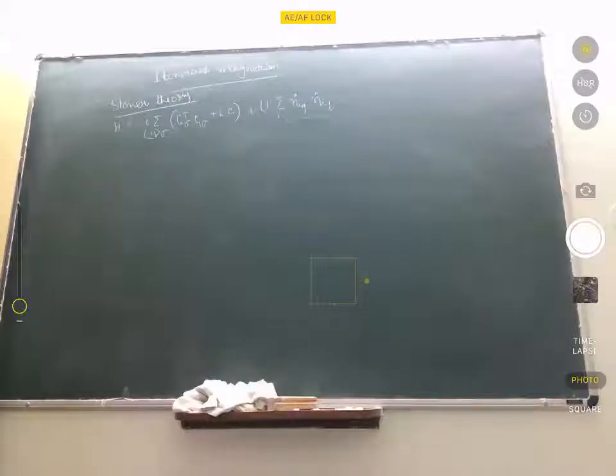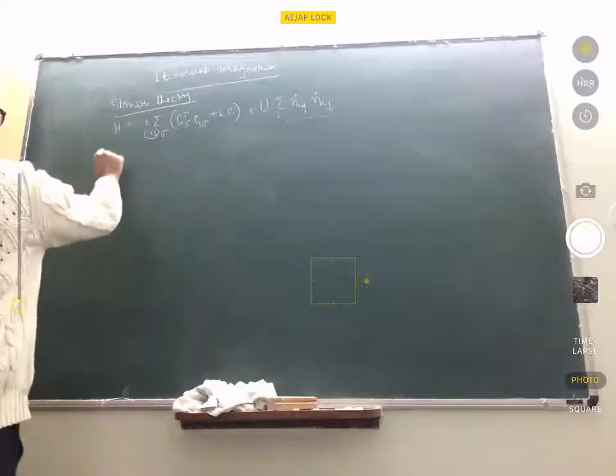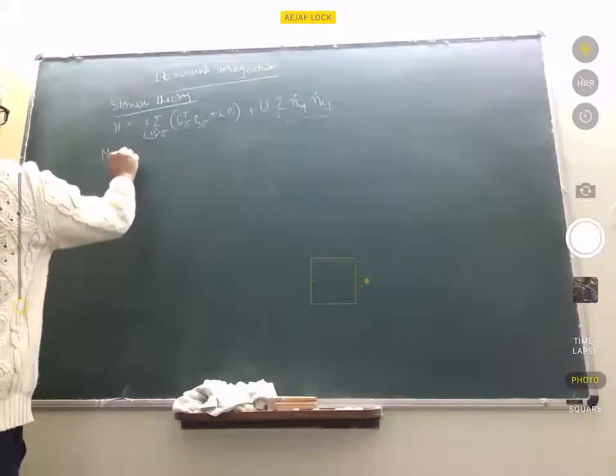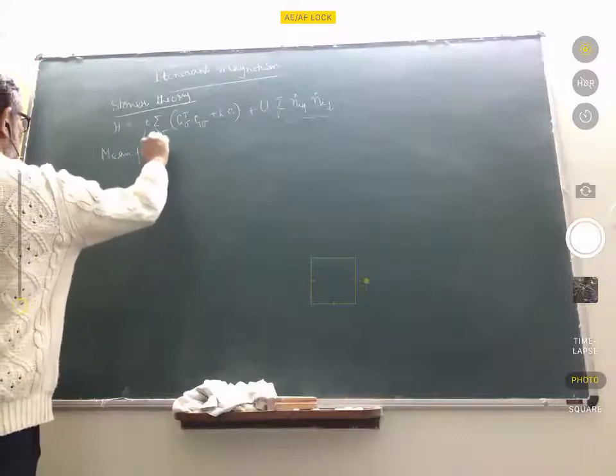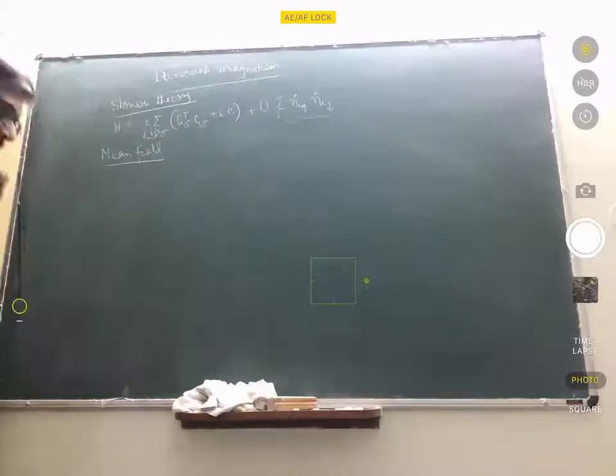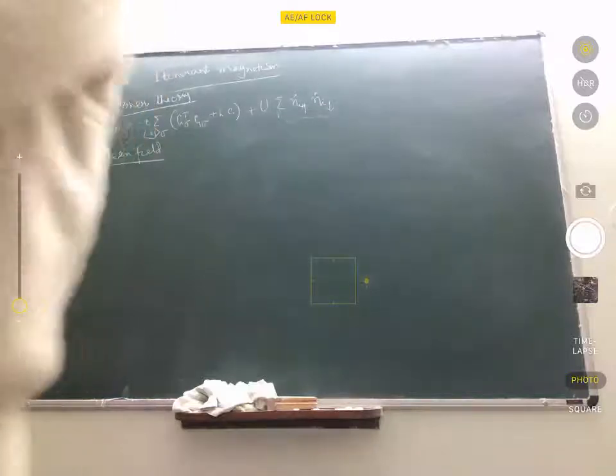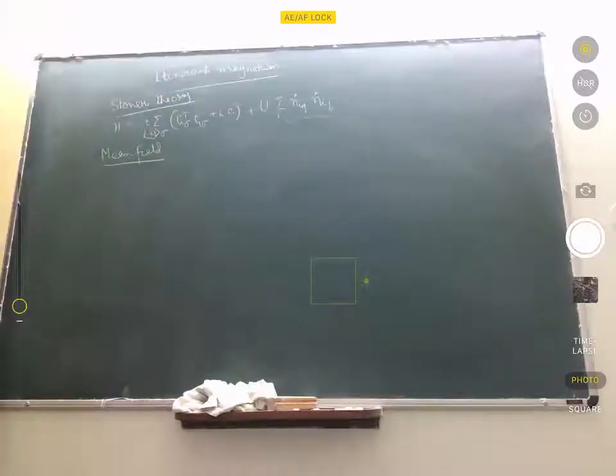So here what we'll do is what is called the mean field treatment, of a certain kind. There are various ways you can do a mean field decomposition of this term.